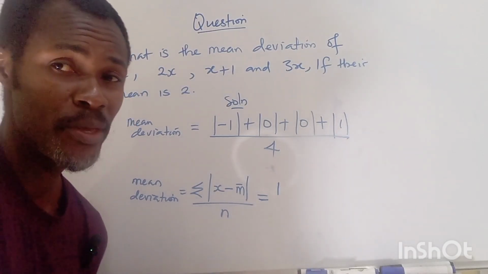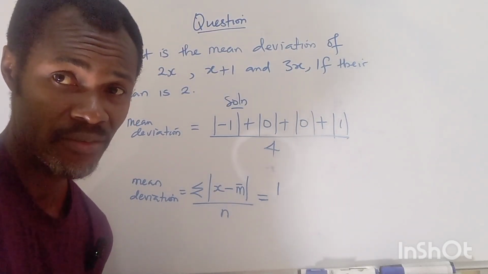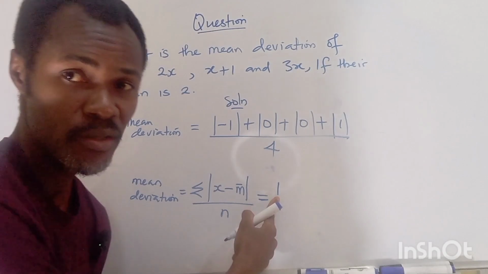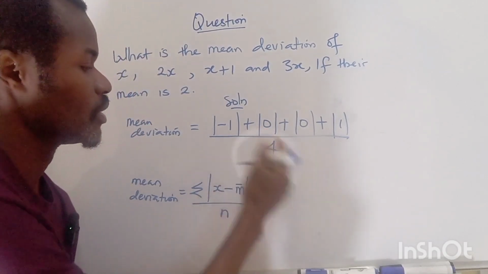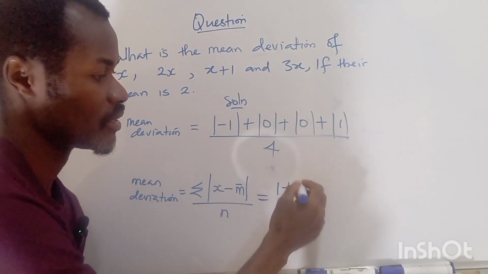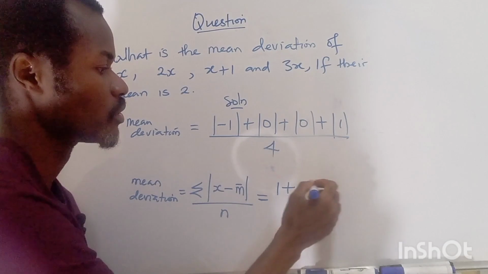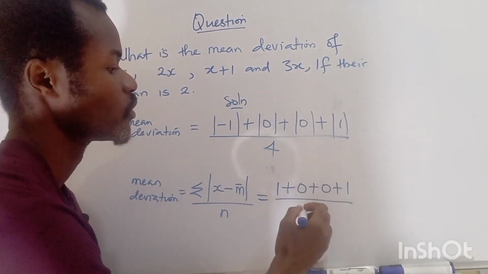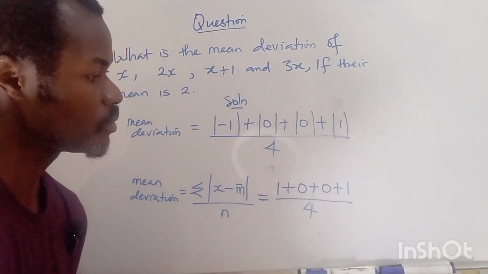So that is what we mean by absolute deviation. So removing this, we have plus 1, plus 0, plus 0 and plus 1, divided by 4.